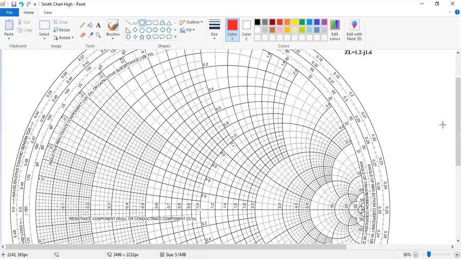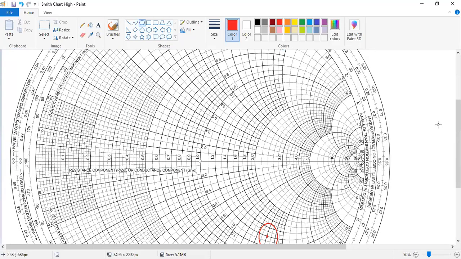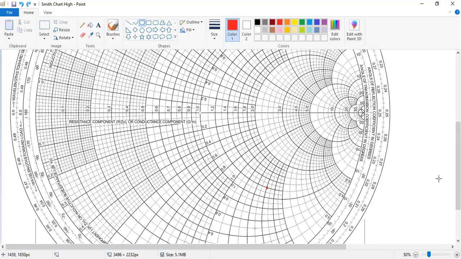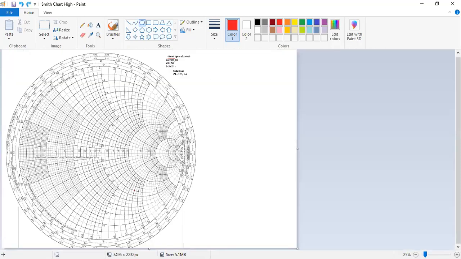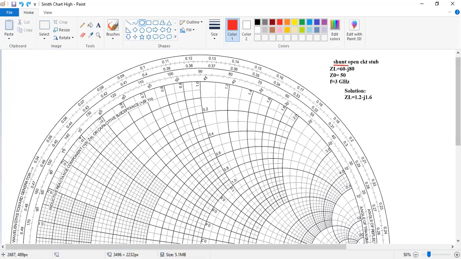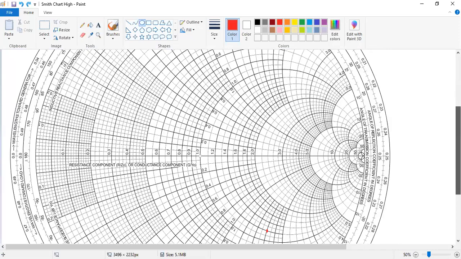Okay, so I will start. This is the value here. Now for this, you have to convert this ZL to YL. How will you convert to YL?